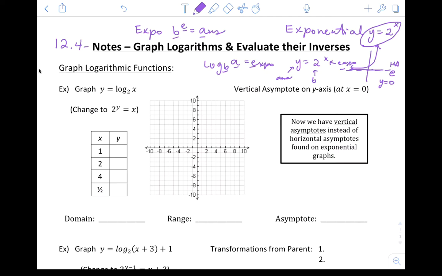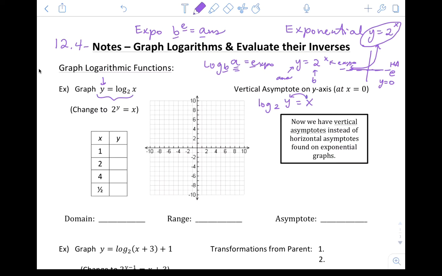Well, when you convert that to logarithmic form, the base is 2. Log is BEA, so the answer is y, and that equals the exponent of x. See, the most basic logarithm, though, because it's a function, check it out, it has y equals, not x equals. The x and y are switched.